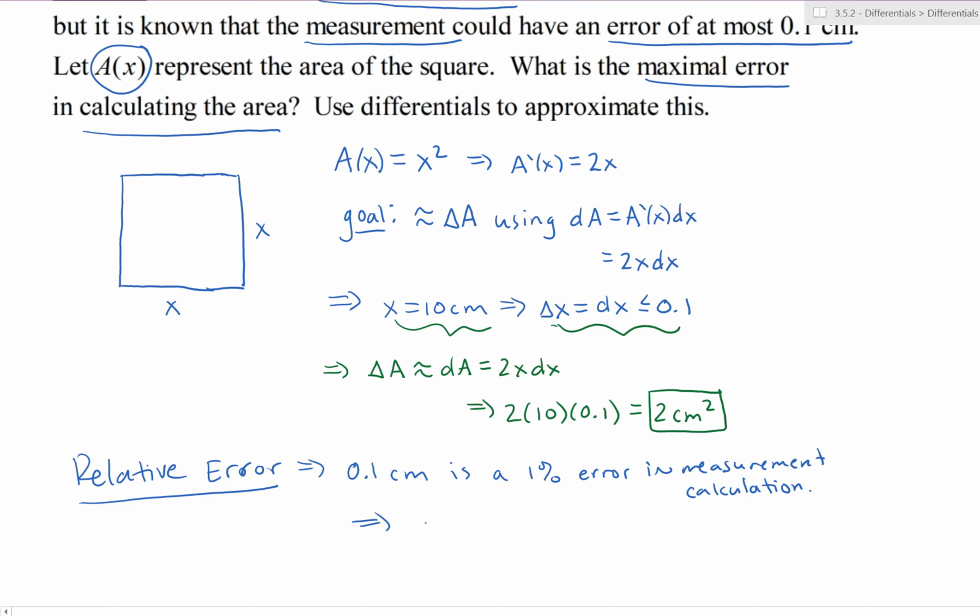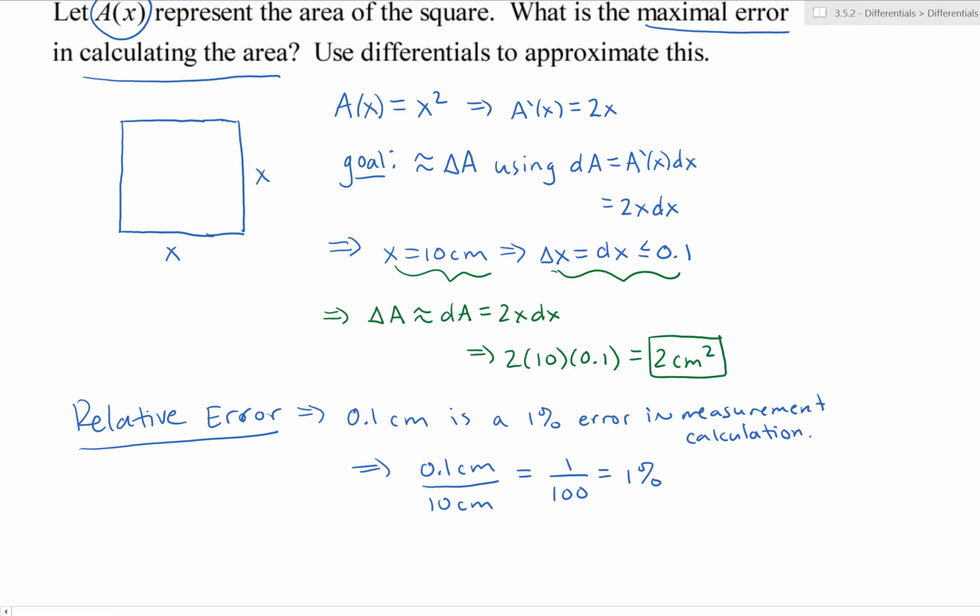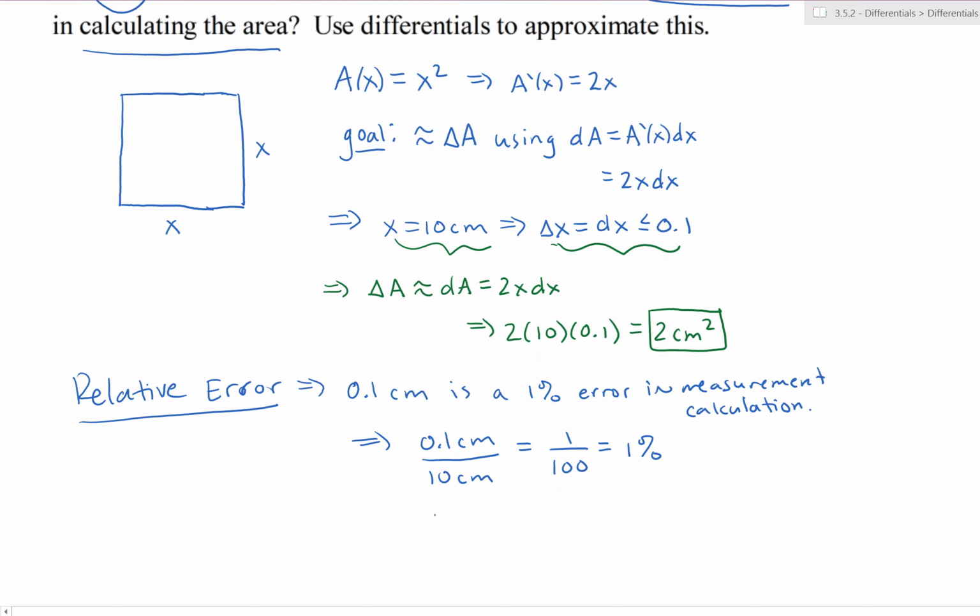Because if I take the 0.1 centimeters and divide it by the actual measurement, 0.1 centimeters over 10 centimeters, that's the same as 1 over 100, which of course is 1%. So in general, if we want to talk about relative error, we just take the corresponding change in that direction, say delta x in this case, over x, or as we can see, the same as dx over x.